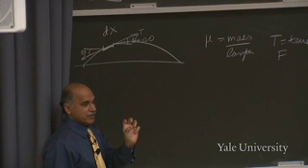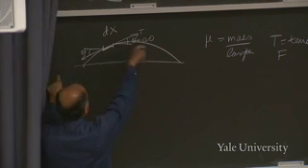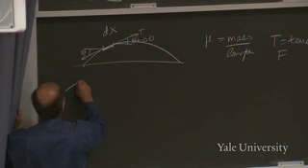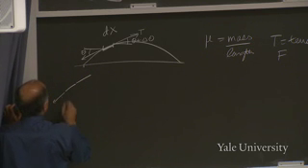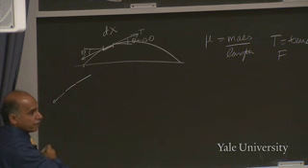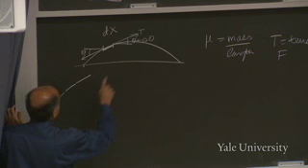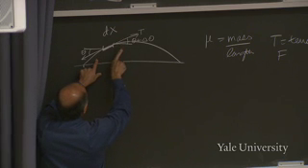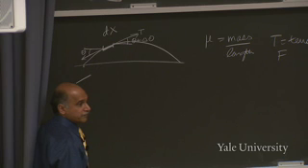Because if they were exactly the same, if you take any object like this and apply exactly the same tension on the two ends, they will cancel because they're opposite forces. And F is 0, ma will be 0, and this thing won't move. The reason it moves is because even though the magnitude of the force is the same, the angle at which it's acting is not the same.